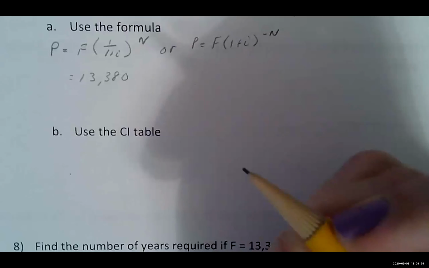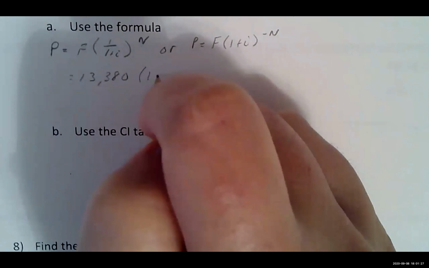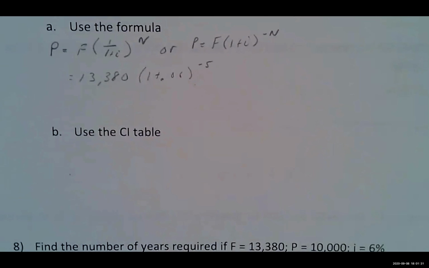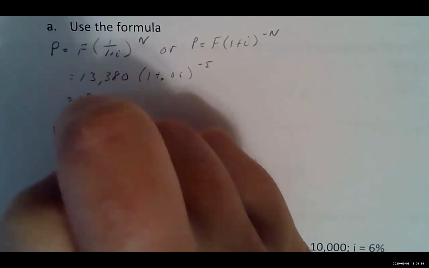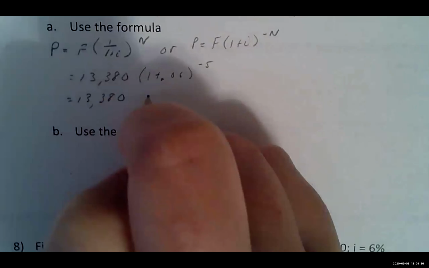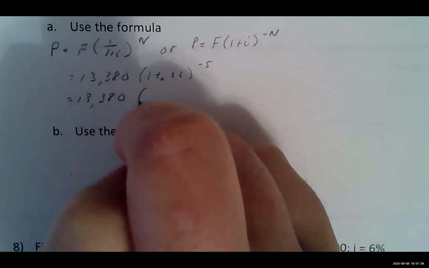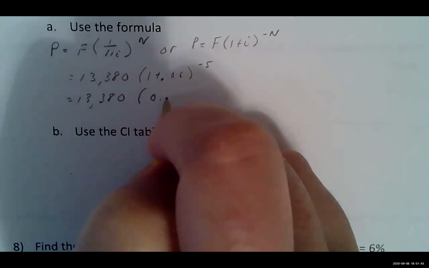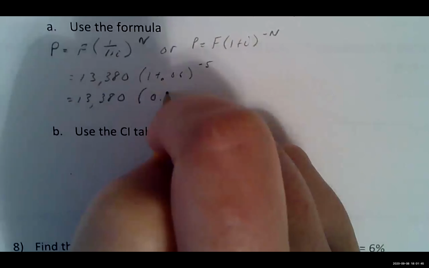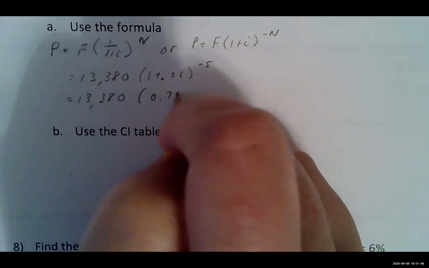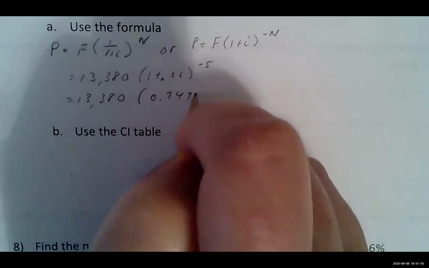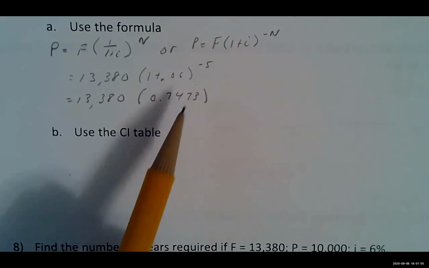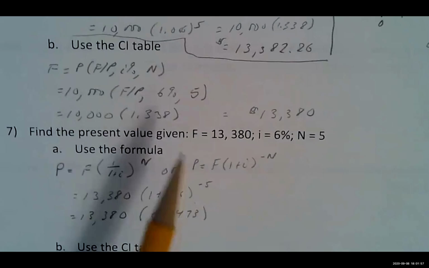So that means that we have $13,380 times 1 plus 0.06 to the negative 5. Plug that into your calculator and you'll get $13,380 times 0.74. If I'm trying to find the present, I should always be in values less than 1. When I'm finding a future value from a present, I should always be in values greater than 1.